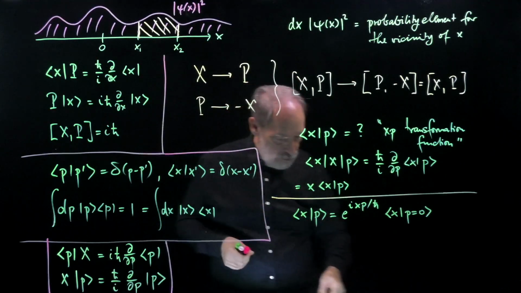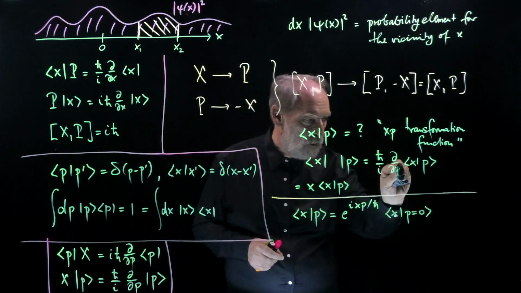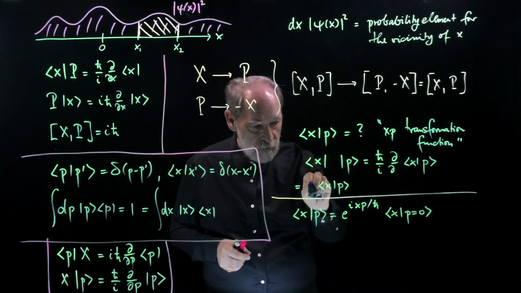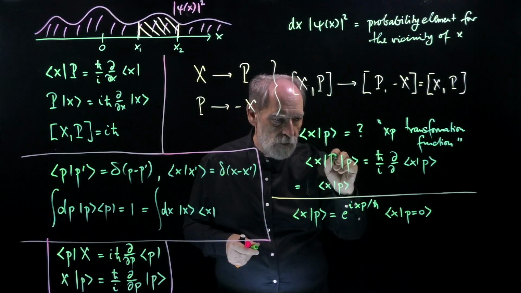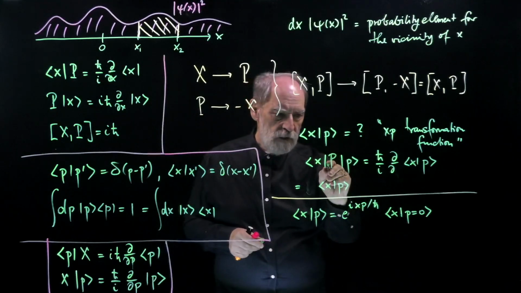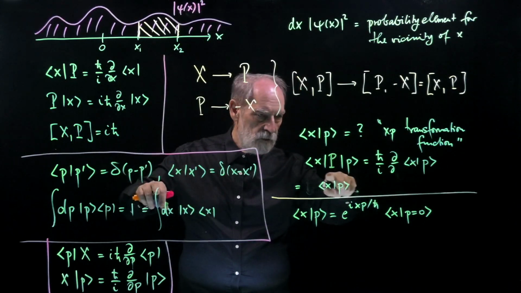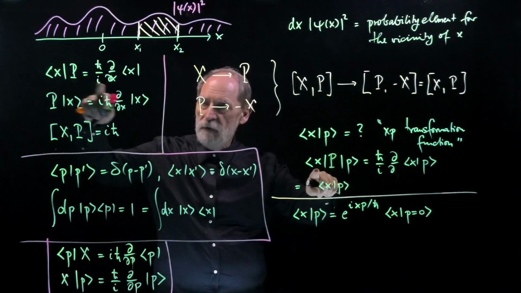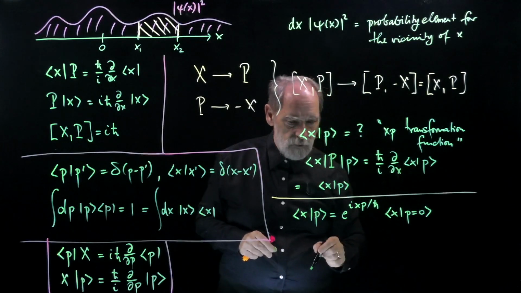Right. Now we repeat this game, only that this time I am looking at the momentum operator. And now the momentum operator applied to the position bra gives us h bar divided by i, but now I'm differentiating with respect to x.